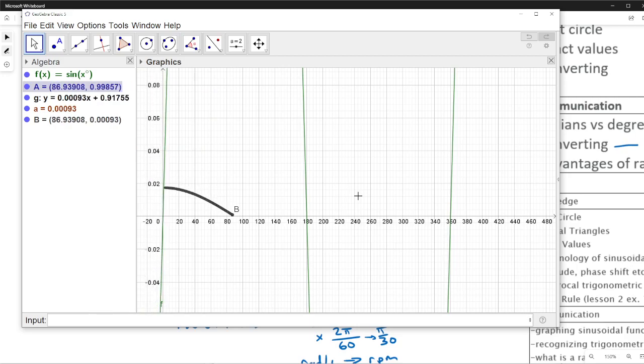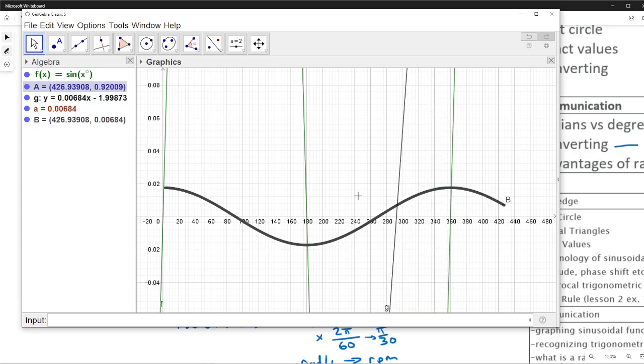The rate of change is 0, and then it goes negative, and then it goes back to 0, and then it's positive, and then it caps out again. Now, you may recognize this wave that I've just created as cosine.